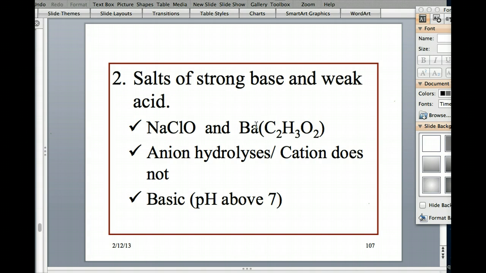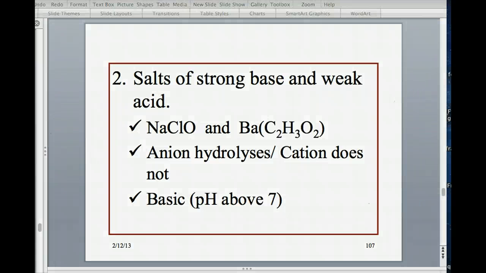Now what about this one here? NaClO. HClO is a weak acid. So we have to analyze where they came from. HClO is a weak acid. Na came from NaOH, a strong base.